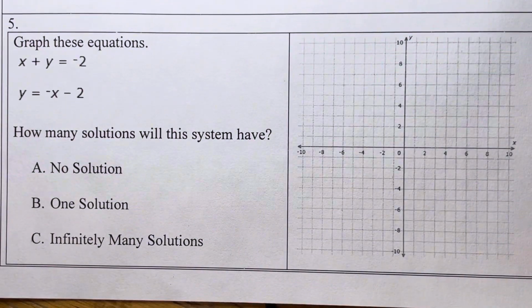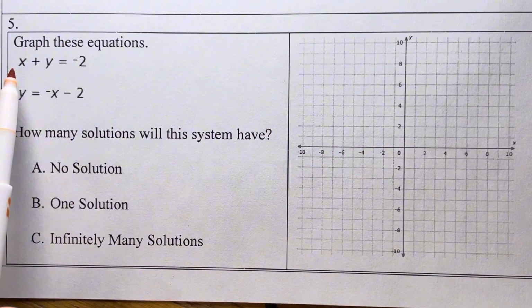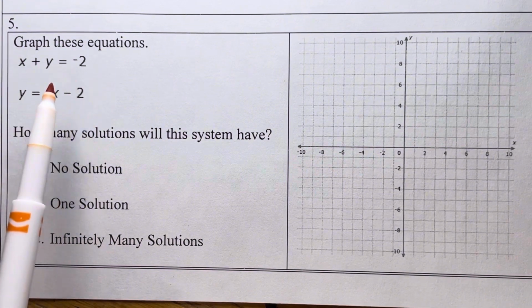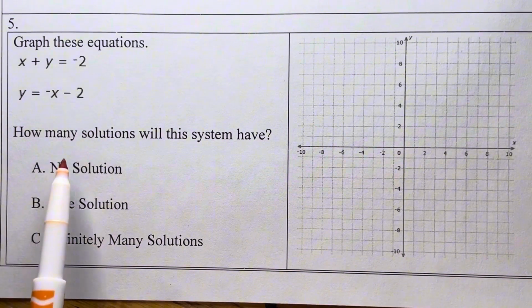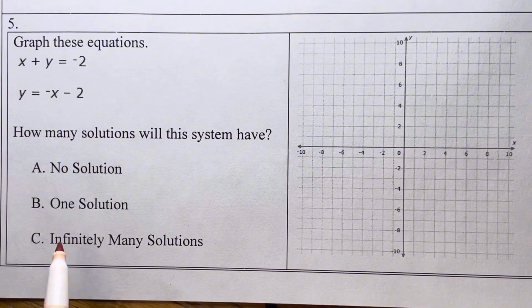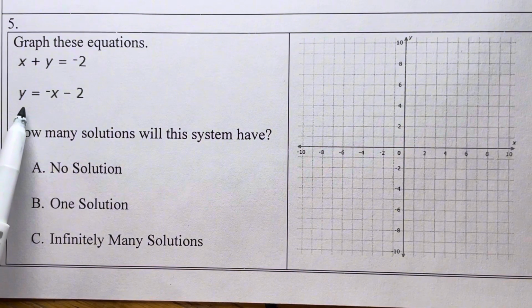For our fifth and final example, we're going to graph these 2 equations of x plus y equals -2 and y equals -x minus 2, and then determine how many solutions this system has. Well, we see that our top equation is not in the y equals mx plus b format, but the bottom one is.